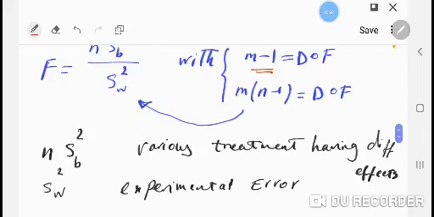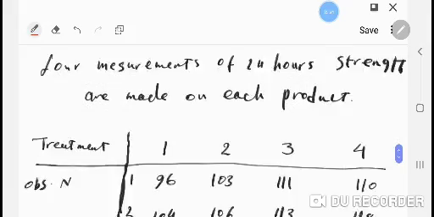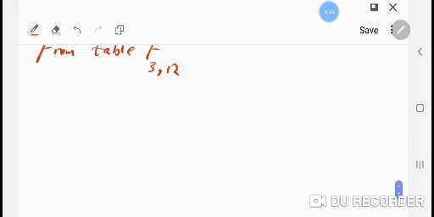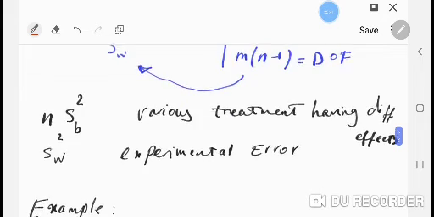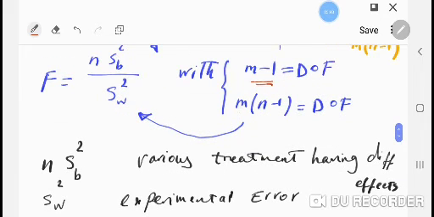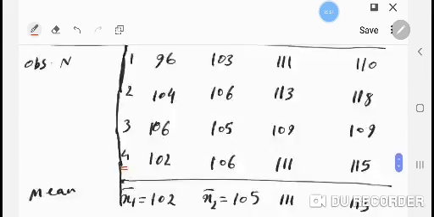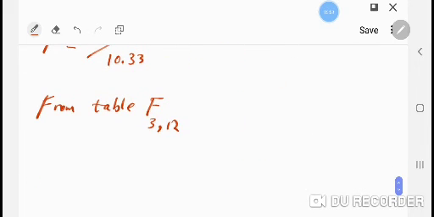And 12 here, degree of freedom of total treatment is m, that is 4, multiplied by 4 minus 1 is 12.